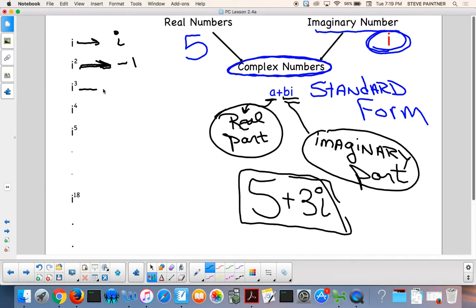But what is i cubed? Now i cubed, you have to think of it like this. i cubed is really just i squared times i. And since i squared is -1 times the i, the answer to this is -i.